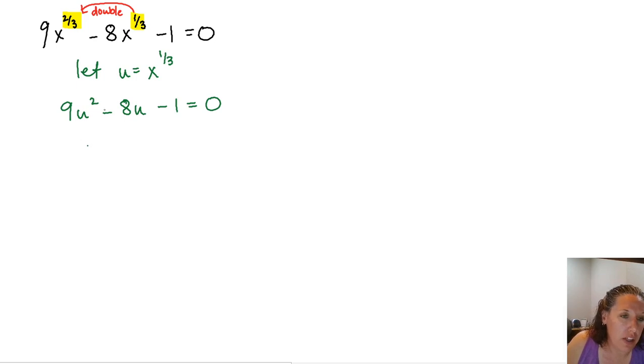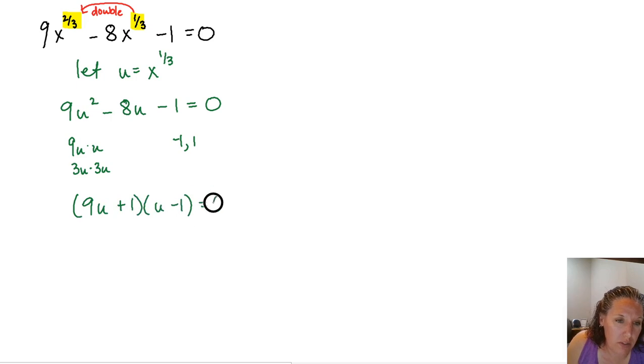But I prefer trial and error, so the different ways that you can get 9u squared, you can do 9u and u, or you can do 3u and 3u. The only ways you can get -1 are -1 and +1. And so the combination that we want to get a -8 is going to be 9u plus 1 and u minus 1.